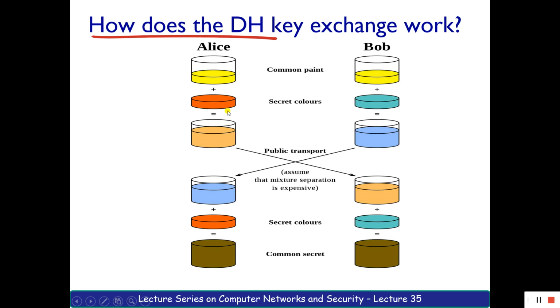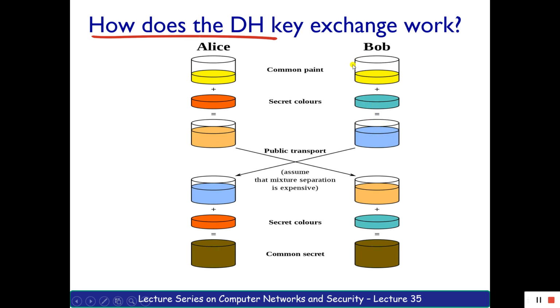When Alice mixes yellow with orange, it turns out to become light brown, correct? At the same time, Bob will mix yellow with light blue color, and he will end up with a sky blue color, correct?